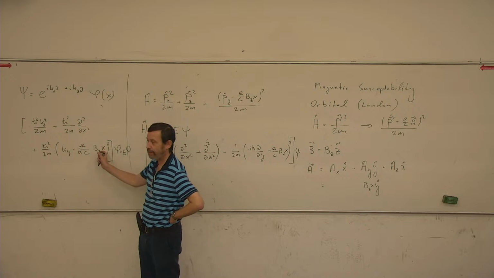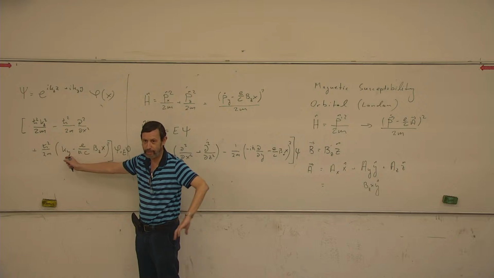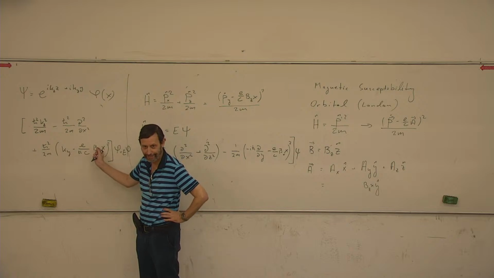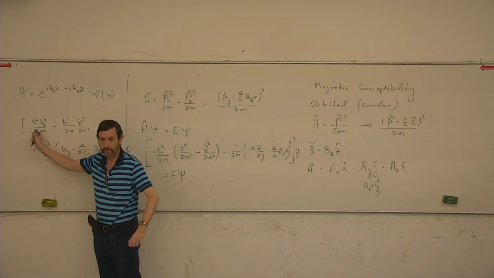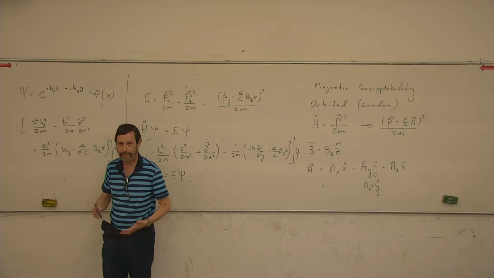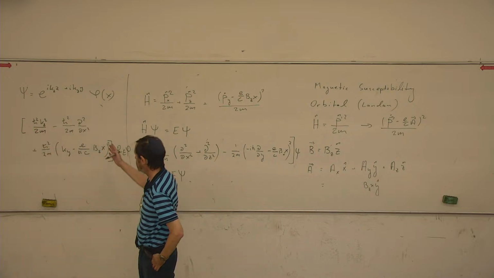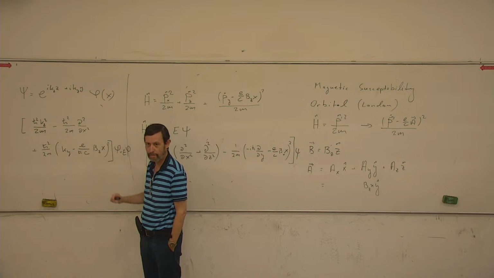Why? Because I have x squared, so it's shifted by some constant. Who cares? Second derivative, another constant. Who cares? So we have to organize our terms here, and we'll get a solution phi of a harmonic oscillator.